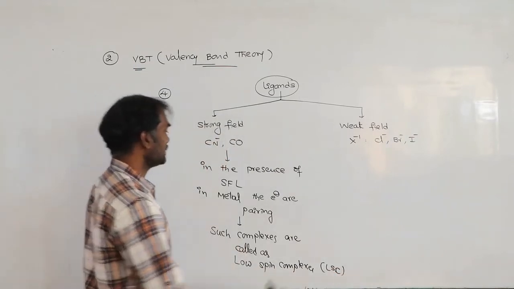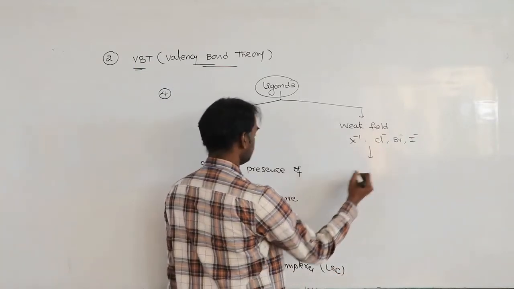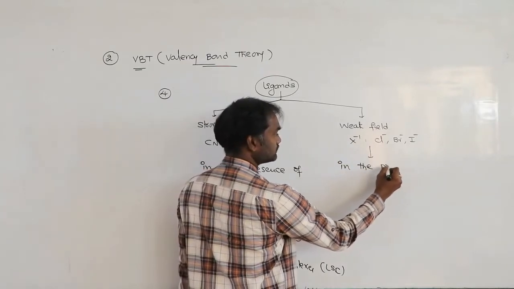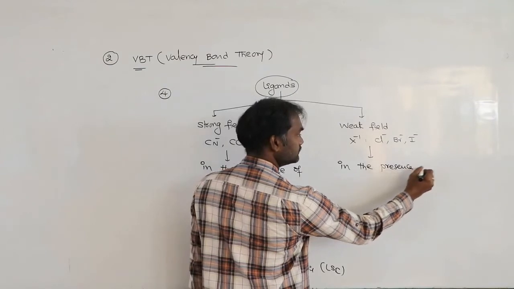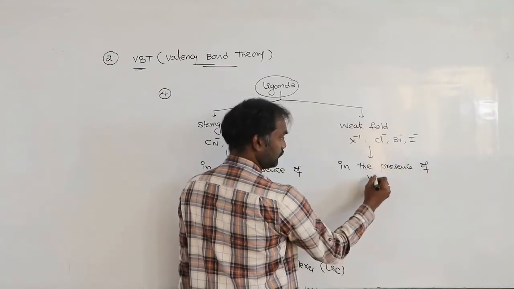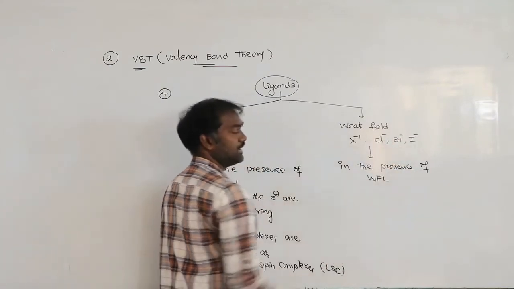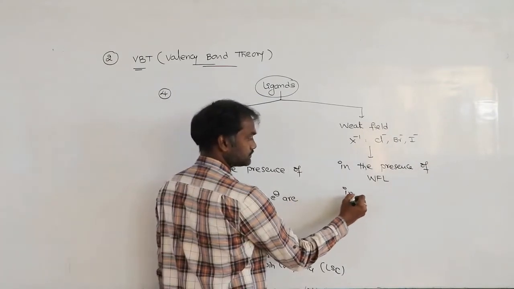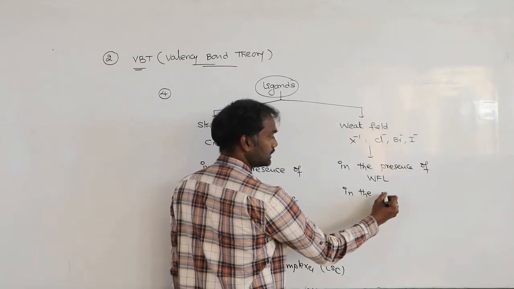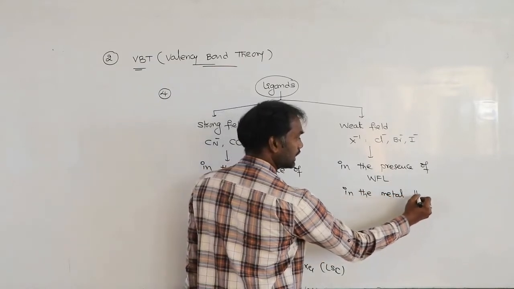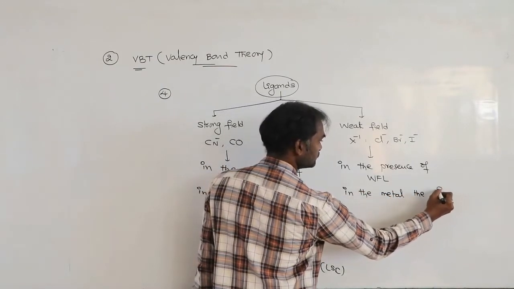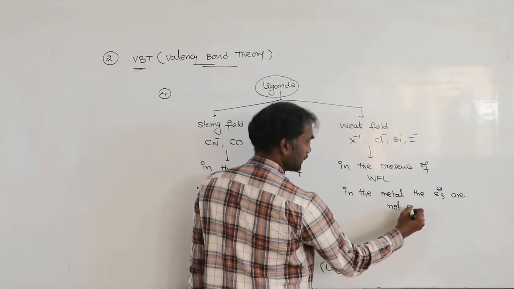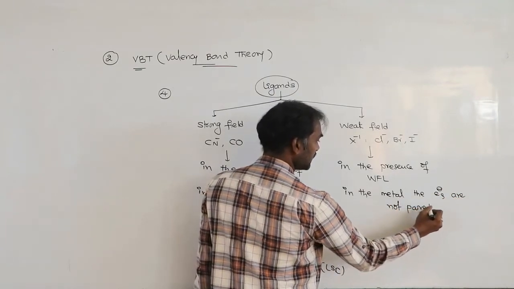Next, in the presence of a weak field ligand like halides, in the metal the electrons are not paired. This is very, very important.